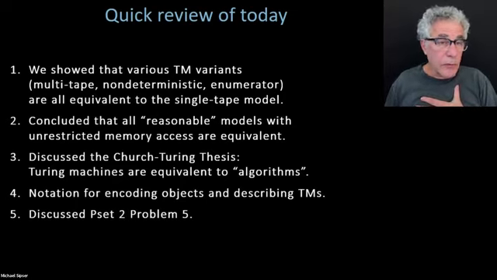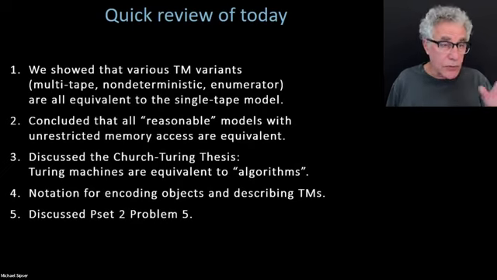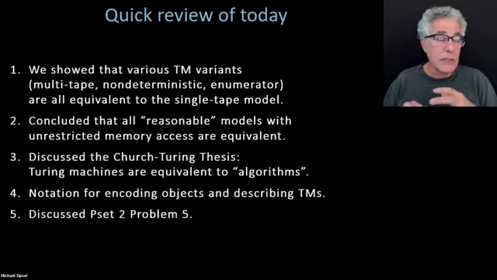Somebody's pointing out, trying to be helpful, that maybe these folks are asking about the equivalence of various computation models being proved in the book, not the Church-Turing thesis itself. Well, the things we proved in lecture are also proved in the book: the equivalence of single tape machines, multi-tape machines, and non-deterministic machines.